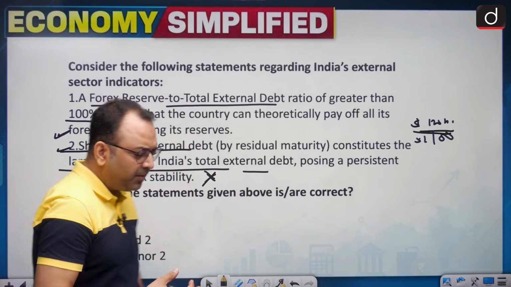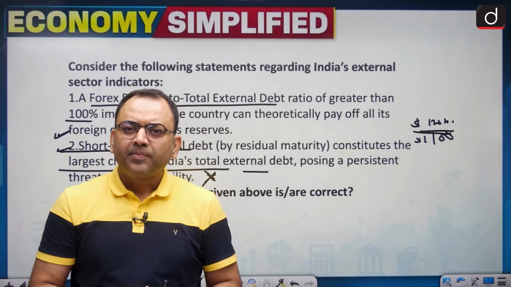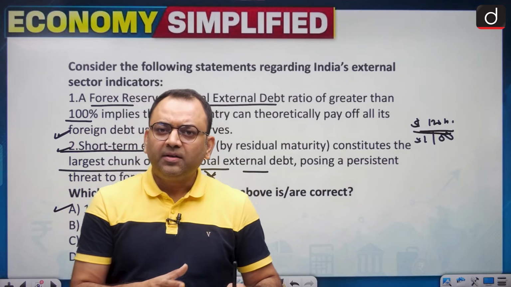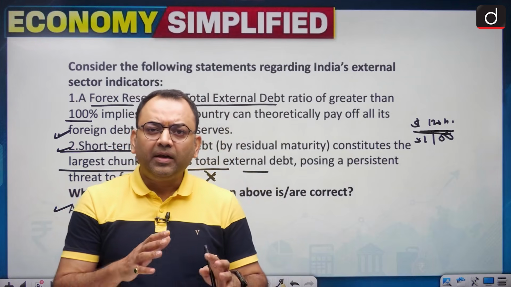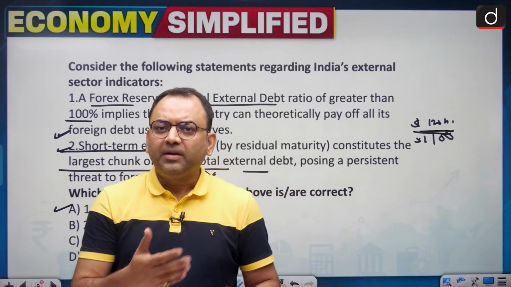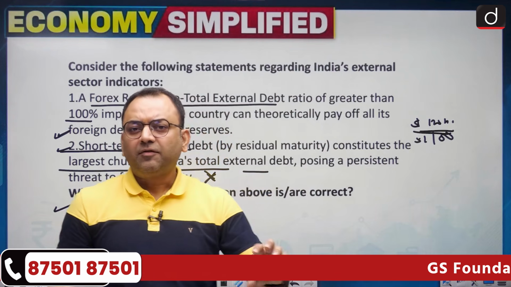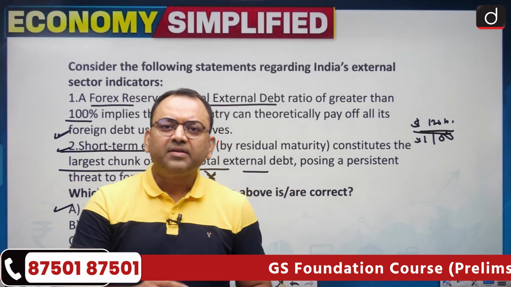Let me repeat the second statement. The amount of debt that is to be paid in the short term, in less than 1 year, is small. As a result, we don't have an immediate liability to pay the debts. We have a forex of nearly $700 billion, and we have a debt of more than $750 billion.